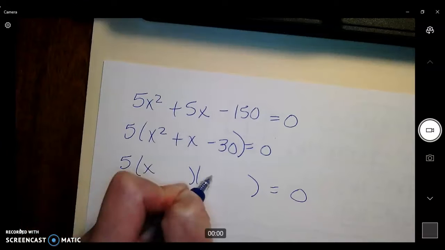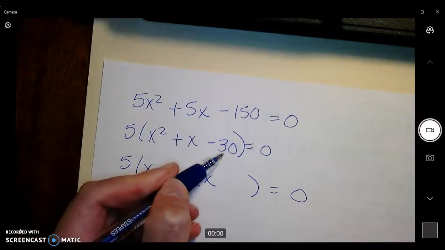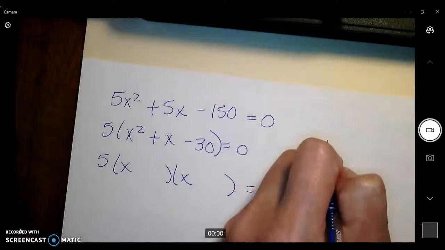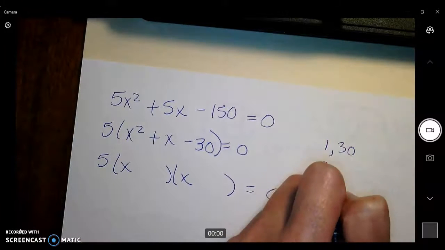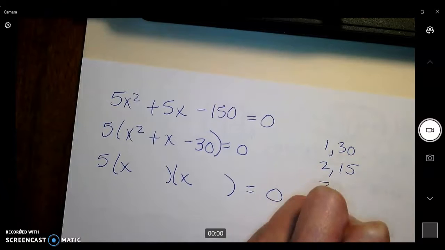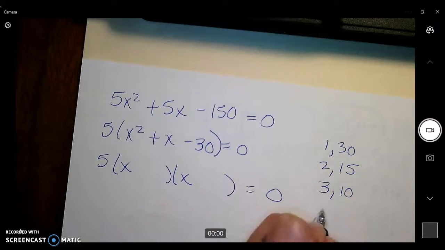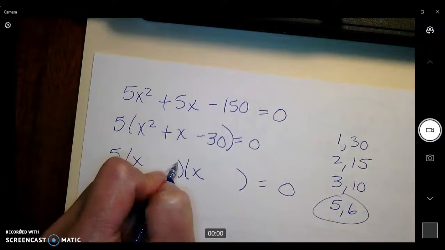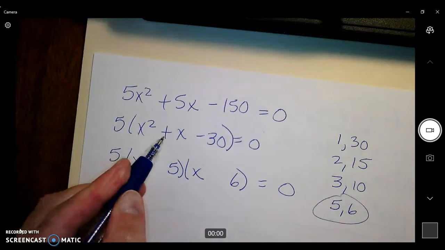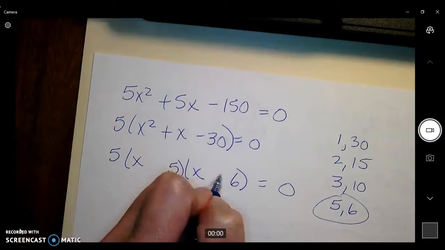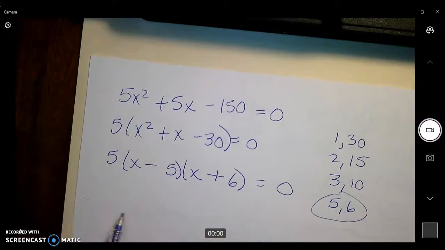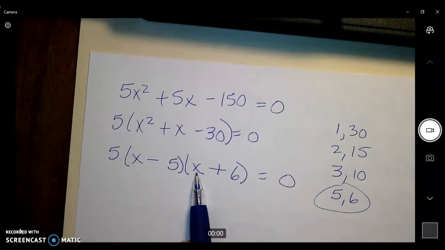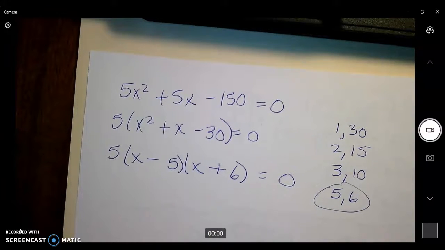So x times x is x squared. I need 2 numbers that multiply to 30 that are 1 away from each other. So if I list all my math facts for 30, we have 1 and 30, 2 and 15, 3 and 10, 4 doesn't go in there nicely, and 5 and 6. These two right here are 1 away from each other. I need positives. So I want more positives, and this gets minus. So if I double check it here, you'll have x squared, here's 6x minus 5x, that's x, and minus 30.